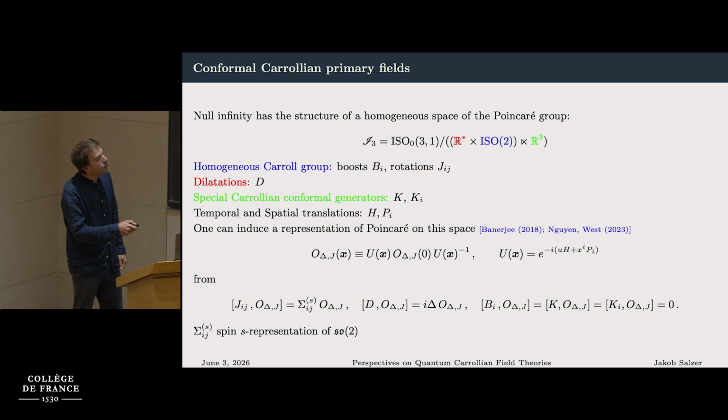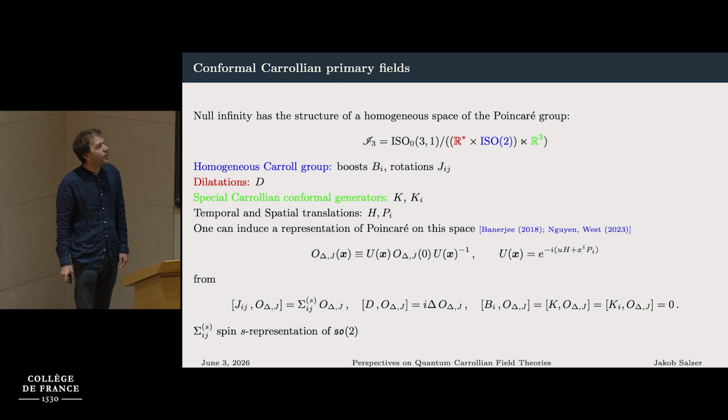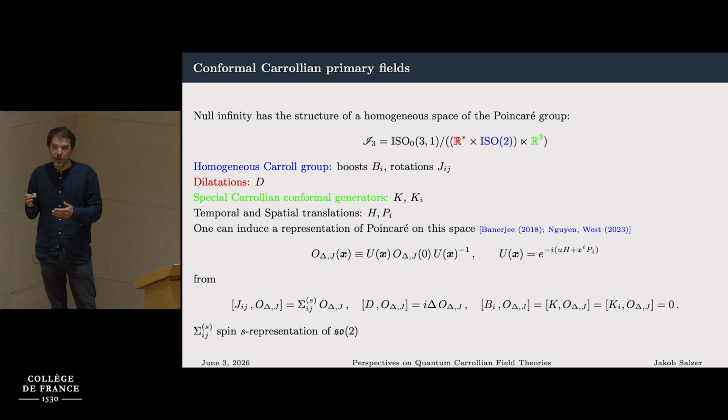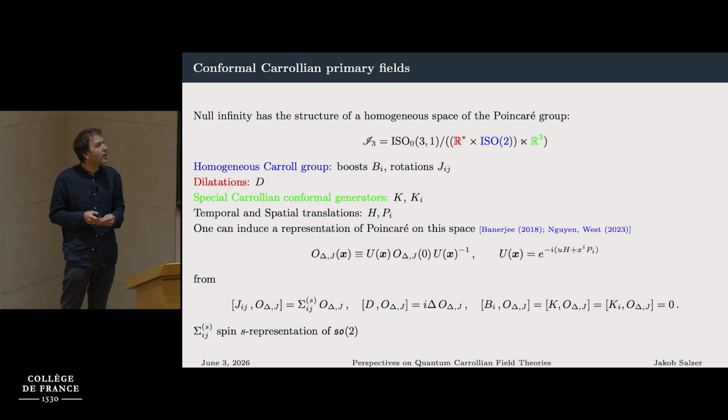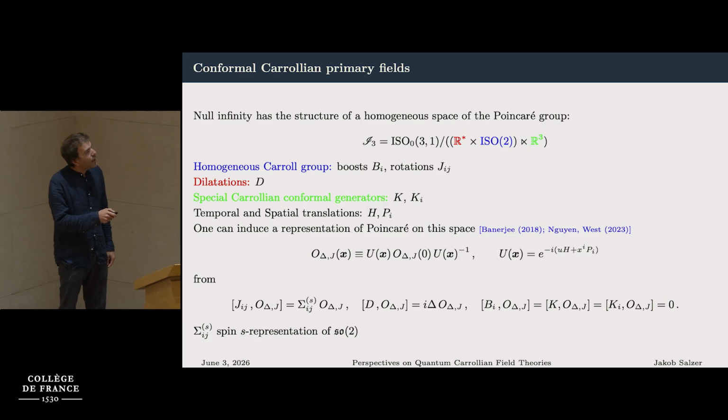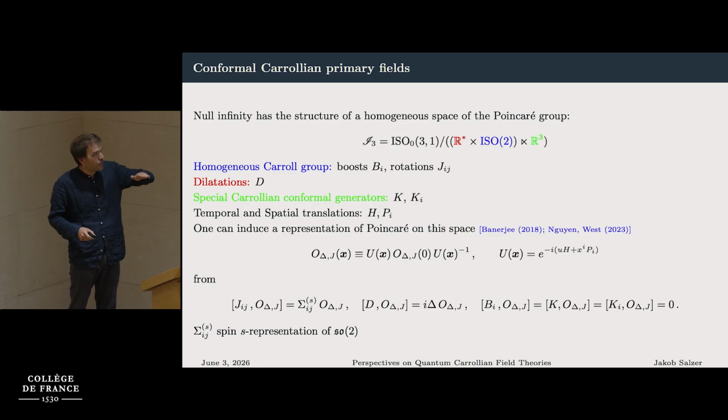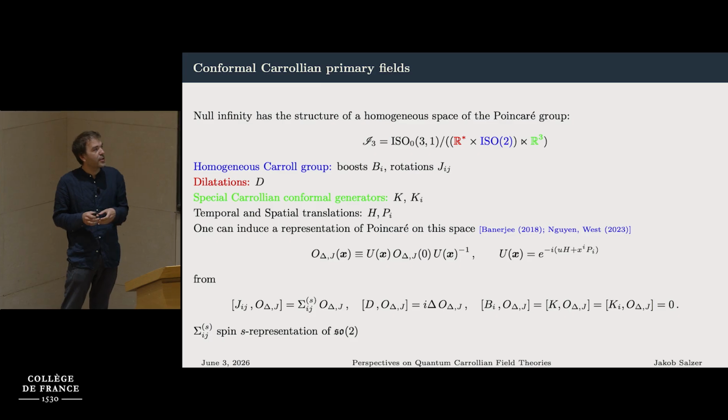And 3 more generators that you might call special Carrollian conformal generators, in analogy to the Lorentzian case. So these are 7, and then on top of this we have the usual translations, temporal and spatial translations that move me around on this manifold.